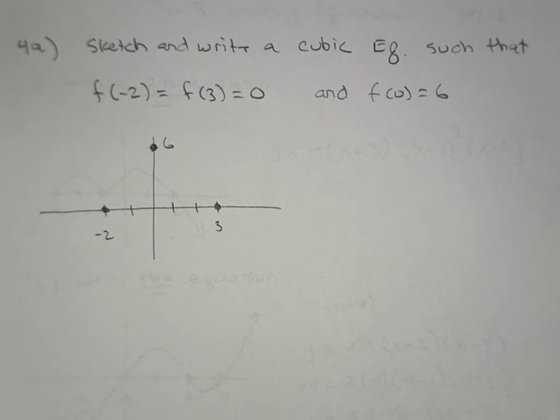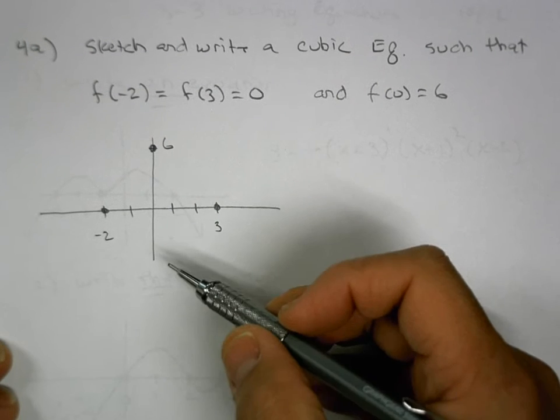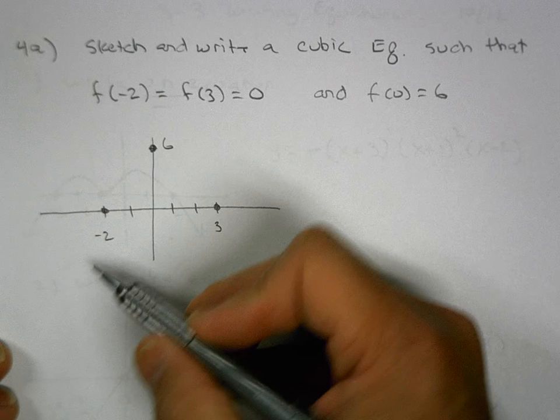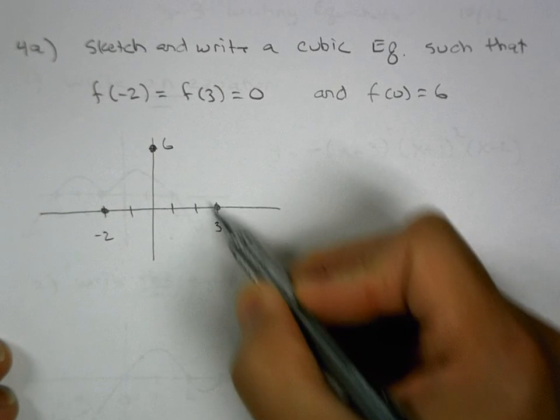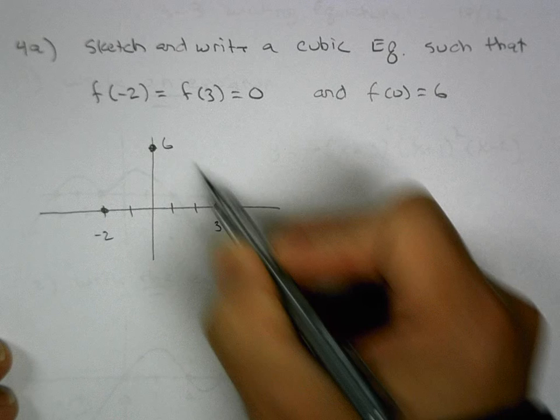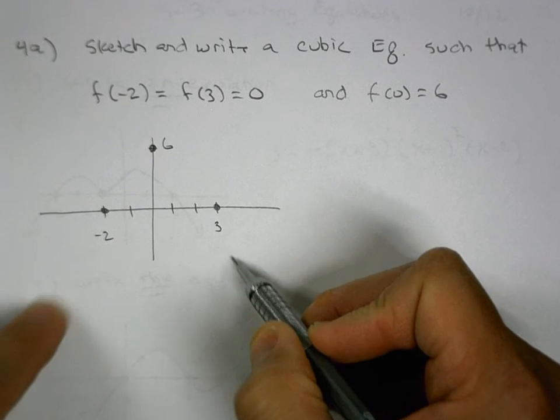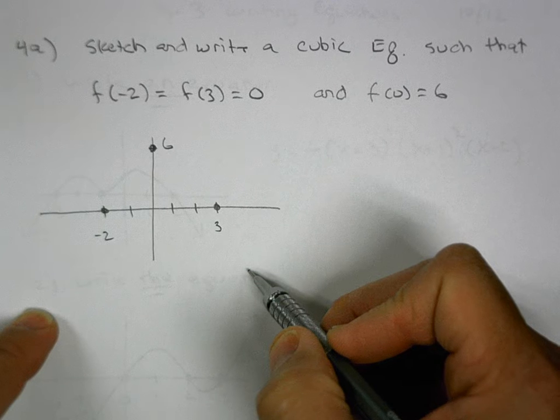Okay, let's sketch the graph. And it's a cubic graph. How do we sketch this? Can I just do this? Well, why not? It goes through there, through there, through there. Can I just do that? Why not?